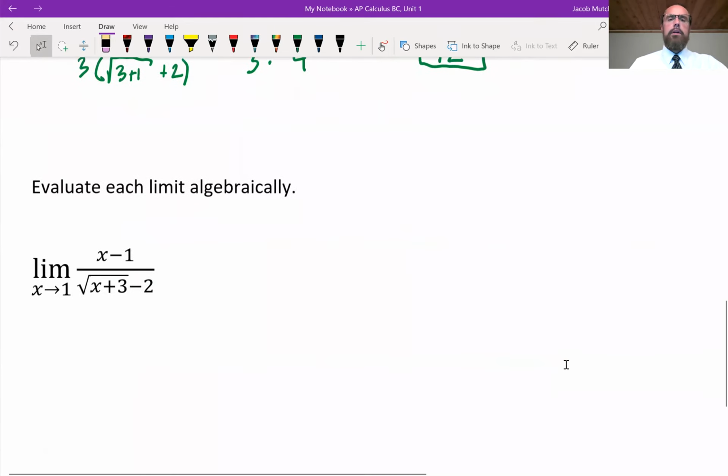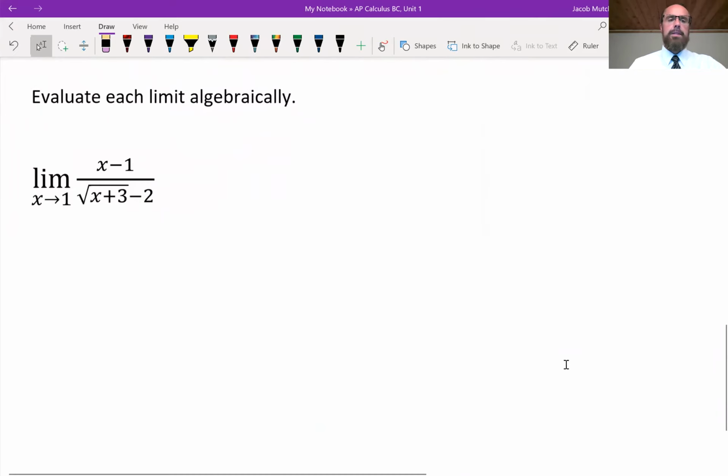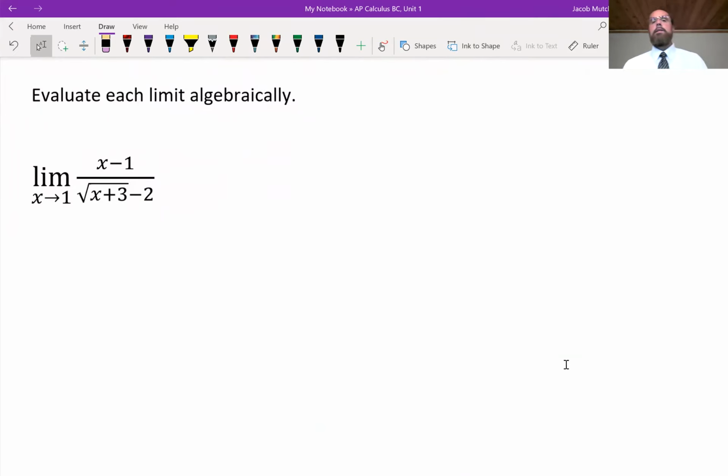Well, let's take a look at one more variation on this theme. So here I've got the limit as x approaches 1 of x minus 1 over the square root of x plus 3 minus 2. So I think we have the same issue as with the previous two. If we try to do direct substitution, let's try it.